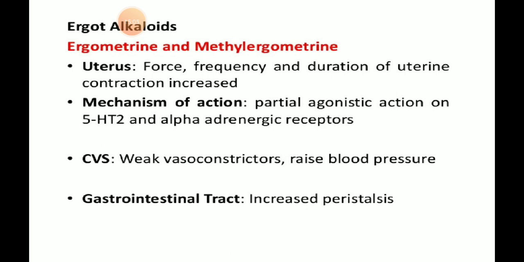Whereas in case of postpartum hemorrhage, we prefer ergometrine and methylergometrine because they are given as prophylaxis, administered after the expulsion of the placenta, and the immediate action is observed. It leads to vasoconstriction and therefore stoppage of bleeding.